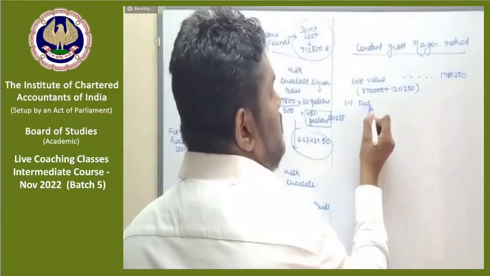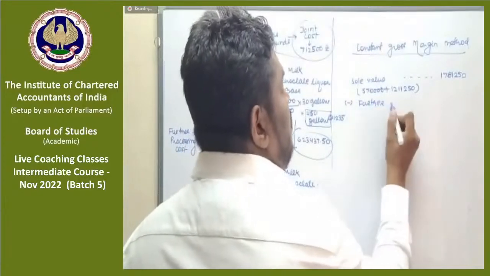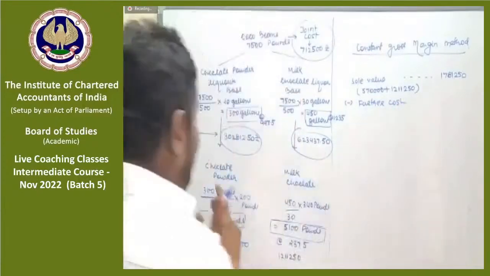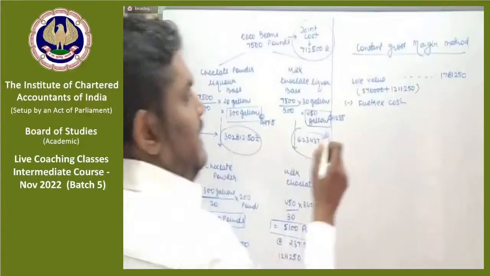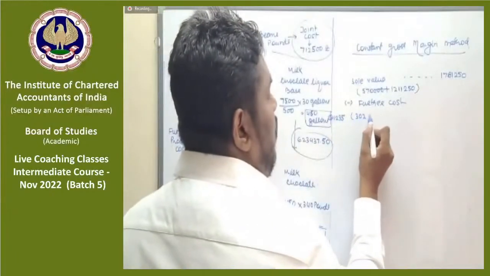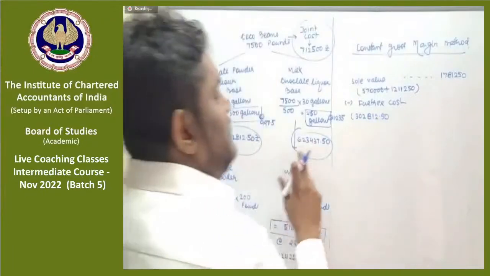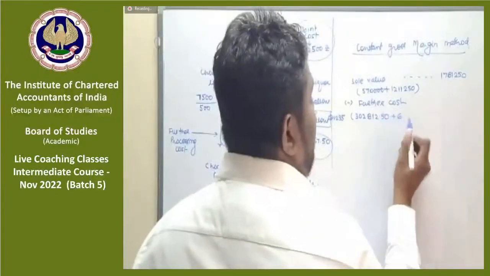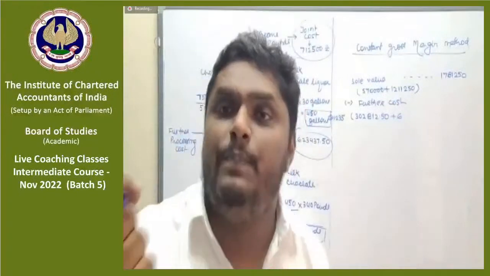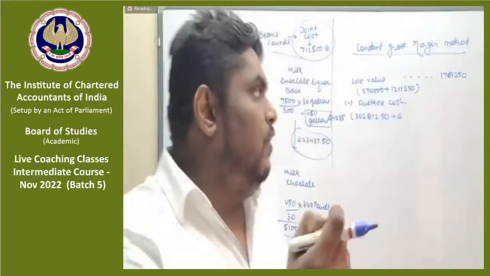Further processing cost, that is 3,02,812 plus 623,437. We are calculating the overall net profit of the company.